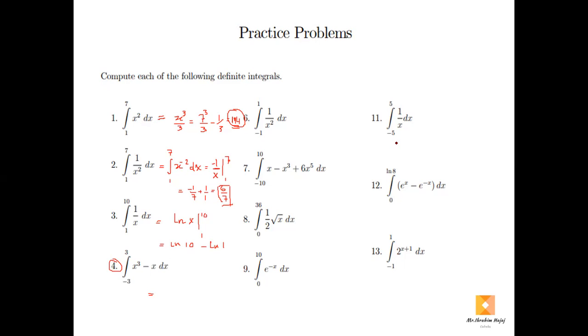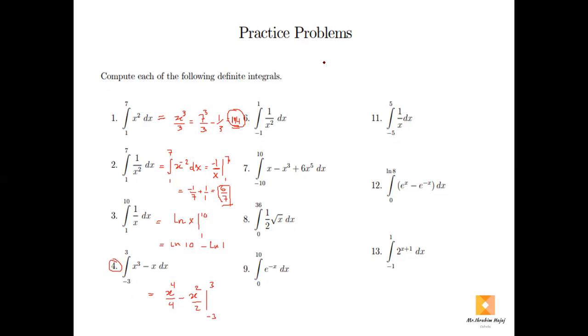Okay, Khalid, share. X to the power of 4 over 4 minus x squared over 2, from negative 3 to 3.